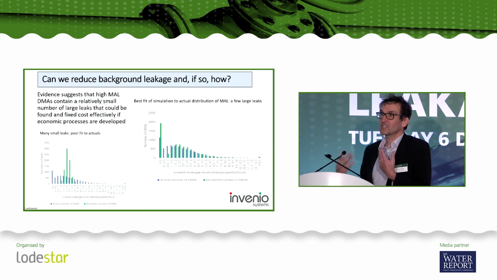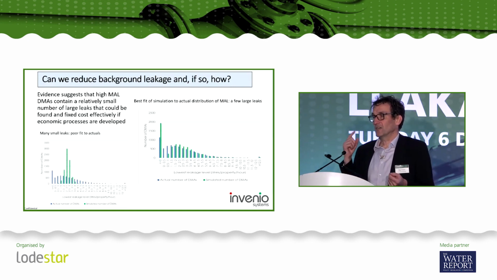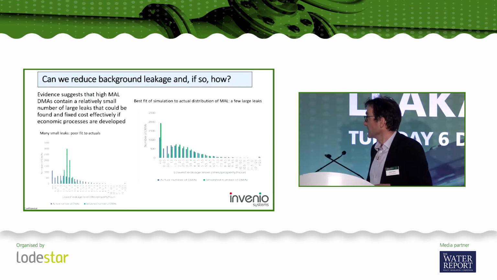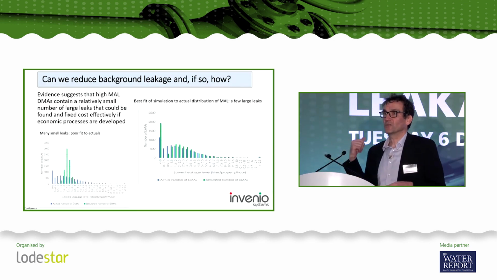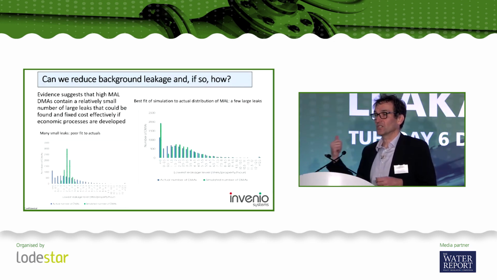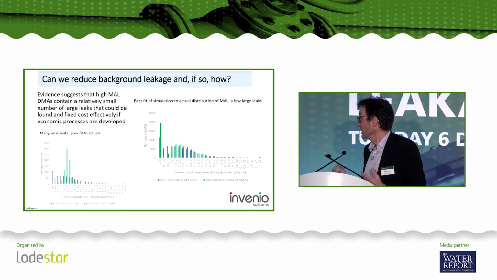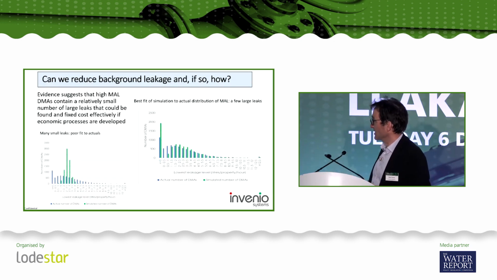Then we did a very simple simulation, saying, in these two cases, let's assume that all our minimum achieved leakage is leaks of a single size, distributed randomly across the DMAs. Then what would the distribution of lowest achieved leakage look like? I've got two examples here.